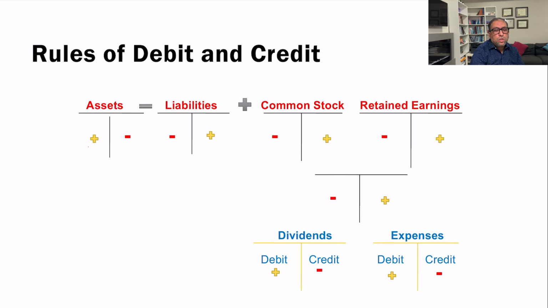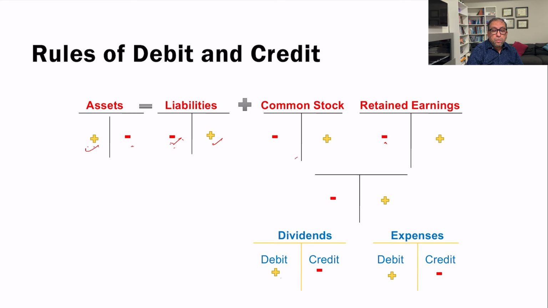So assets is equal to liabilities plus equity. You see here, this is the debit side: debit side plus, credit side minus. For liabilities, on the other hand, the debit side is minus and the credit side is plus. Common stock is again the same as a liability. Retained earnings is like the liabilities, right? So retained earnings is going to be affected the same way.